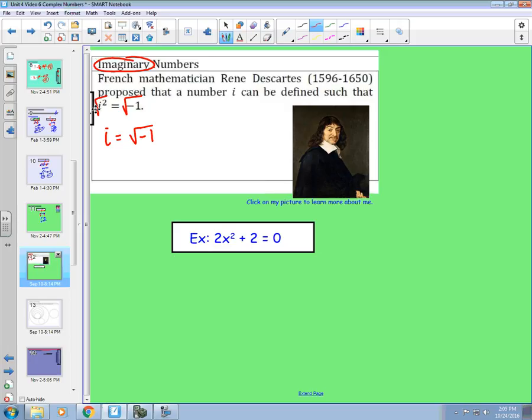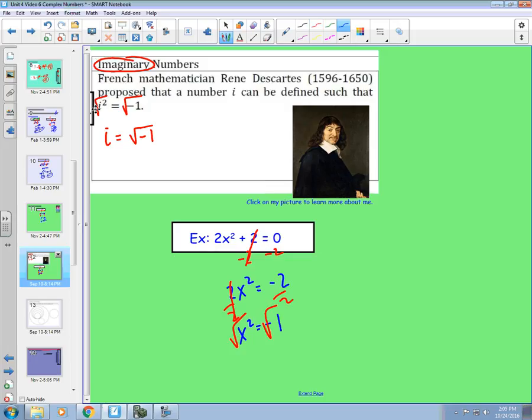Here's how it works. If we are solving, say, this problem right here, very similar to the ones we were just doing, we would subtract 2. We'd get 2x squared equals negative 2. We'd divide by 2, and we get x squared equals negative 1. We can now square root both sides.